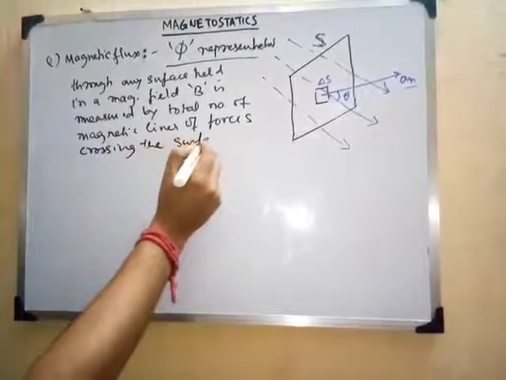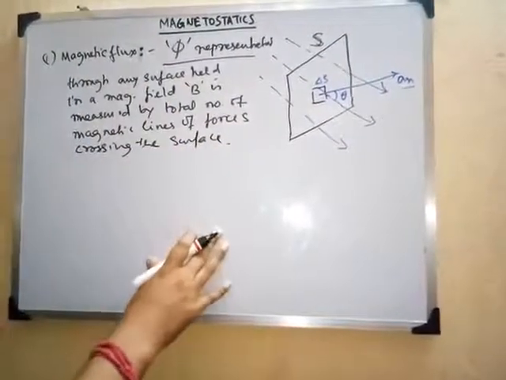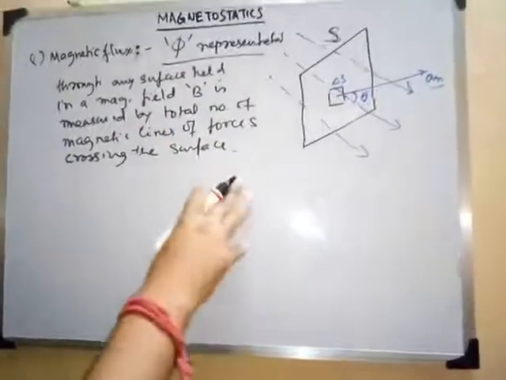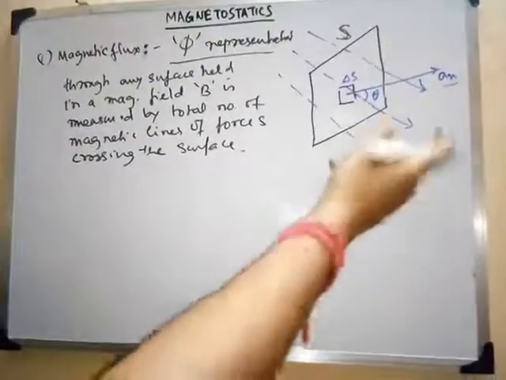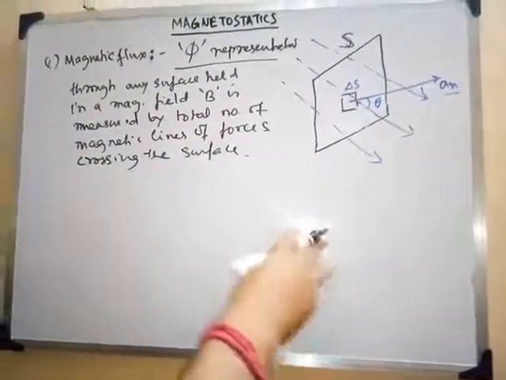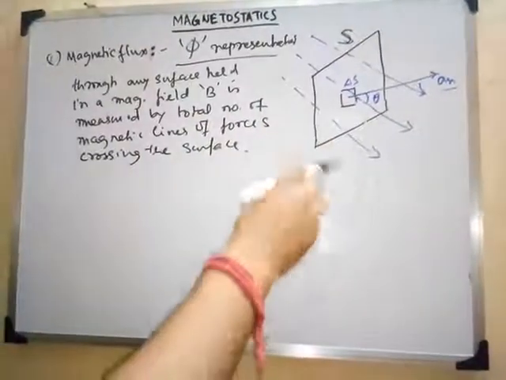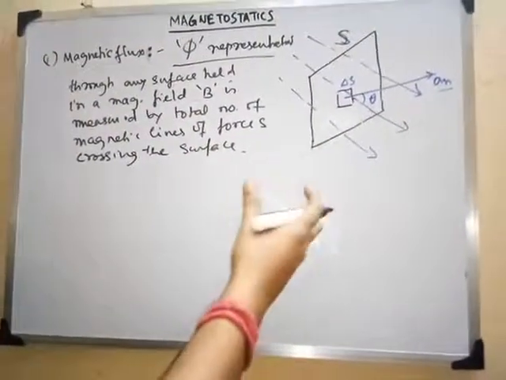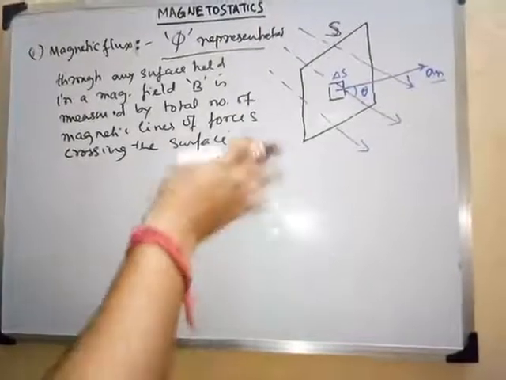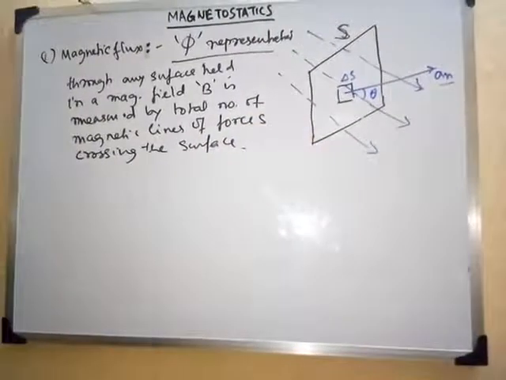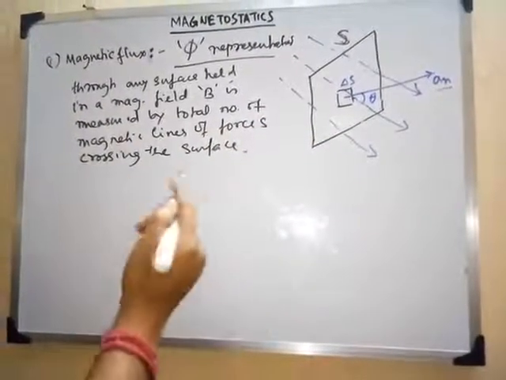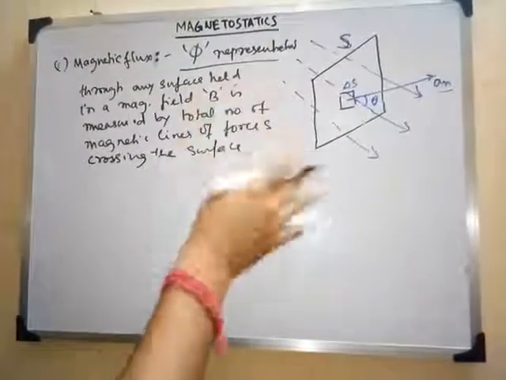So you can understand that magnetic flux is a term associated with the total number of magnetic lines of force. If you have a surface, how much magnetic flux is present at the surface depends on what number of magnetic lines of force are crossing the surface.